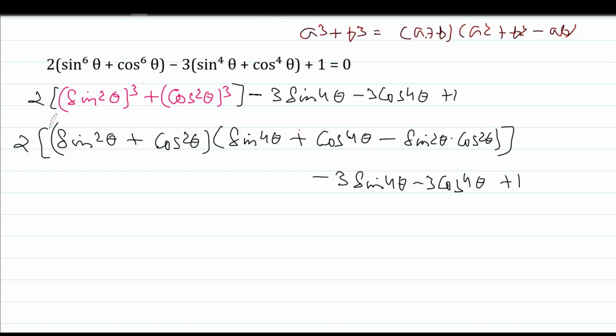Now, what is sin square plus cos square theta equal to? We know that sin square plus cos square is 1, and 1 multiplied by any number is the number itself. So just opening the bracket, multiplying each of these terms with 2, it's going to be 2 times sin raised to the power 4, plus 2 times cos raised to the power 4 theta, and 2 multiplied by sin square cos square will give you minus 2 sin square dot cos square theta.